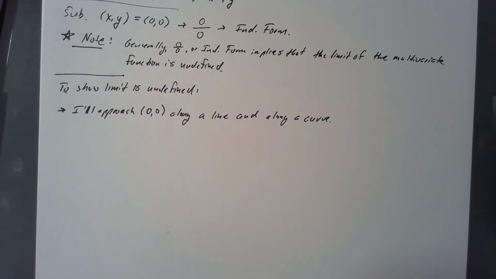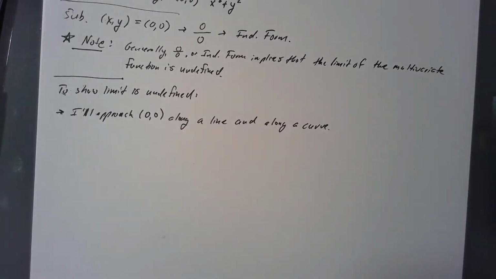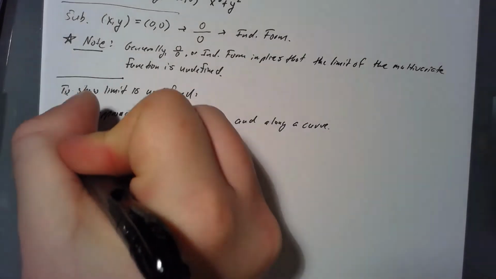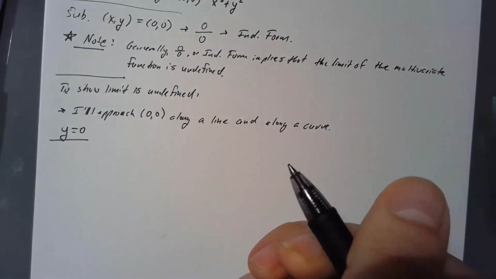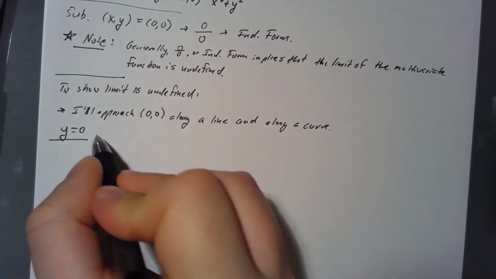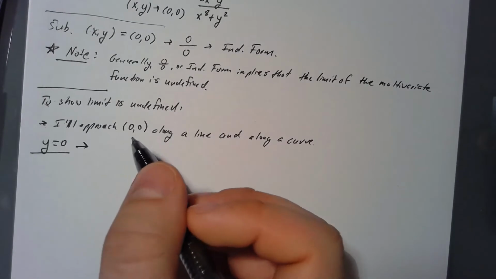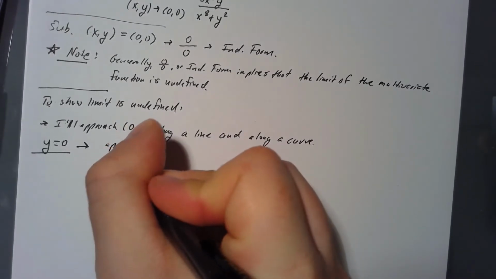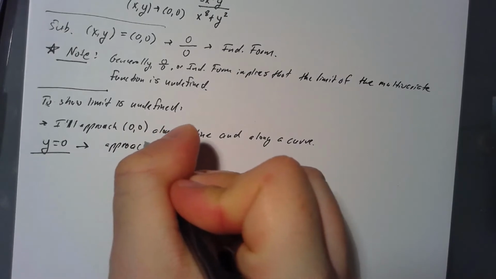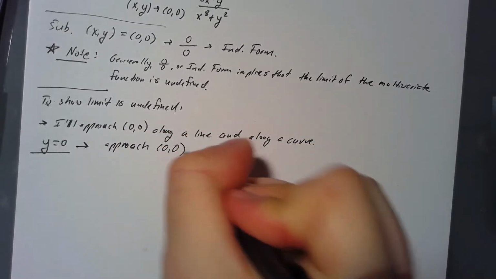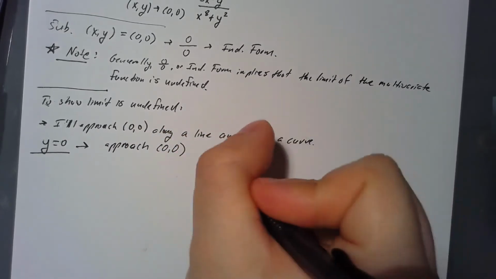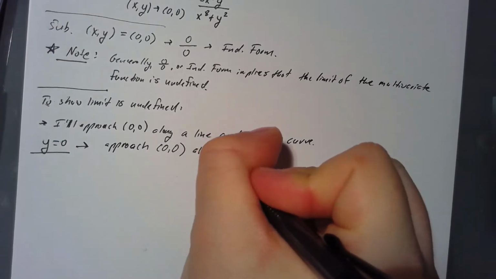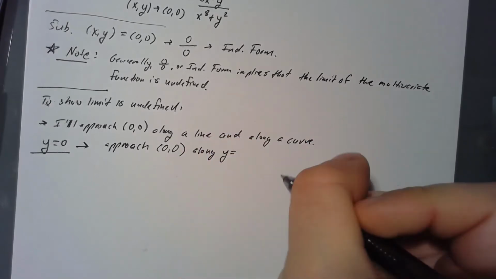So let's just try one. I'm going to try the line y equals 0 first. That means I'm going to approach 0, 0 along y equals 0.